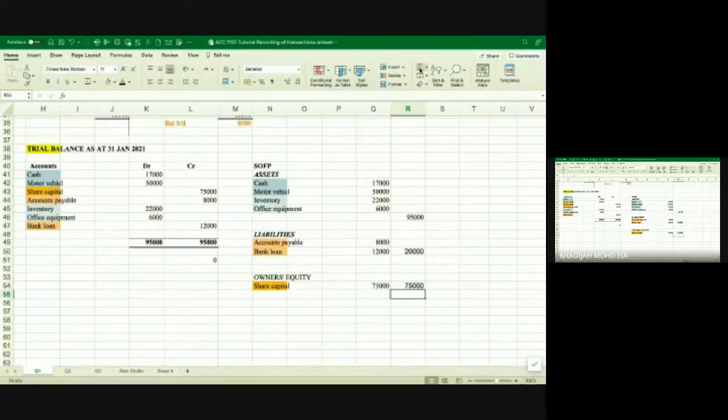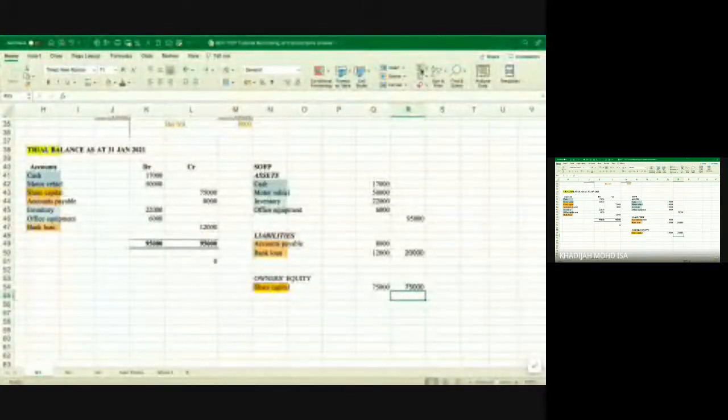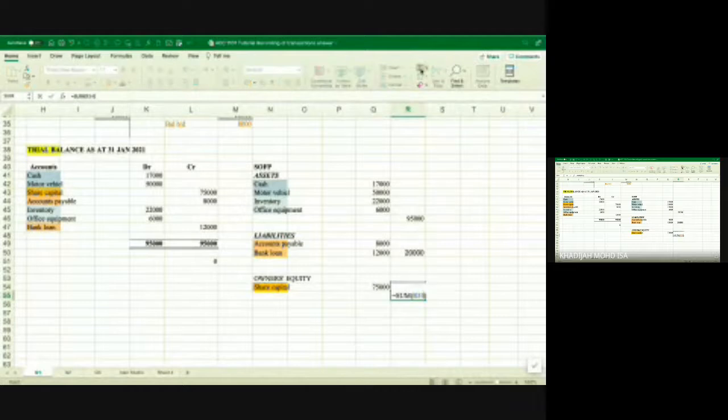Right, then you have this one, total owner's equity and liability, which is your 75 plus your 20,000. Right, so you have this one and you have asset also of 95,000. Okay, so that's how you prepare your SOP based on your trial balance.